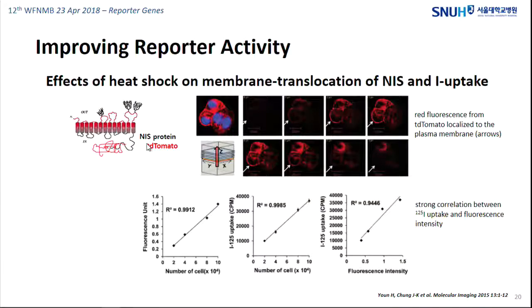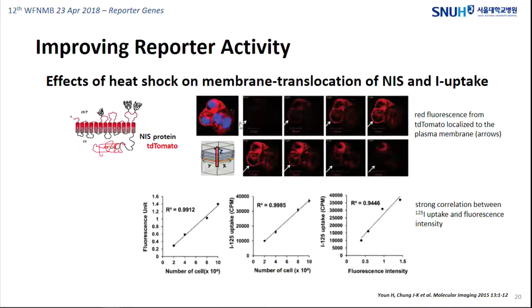First, we fused the tdTomato fluorescent protein to the NIS protein to visualize it easily in the membrane using confocal microscopy. We can see the NIS protein clearly. Actually, we process the image.